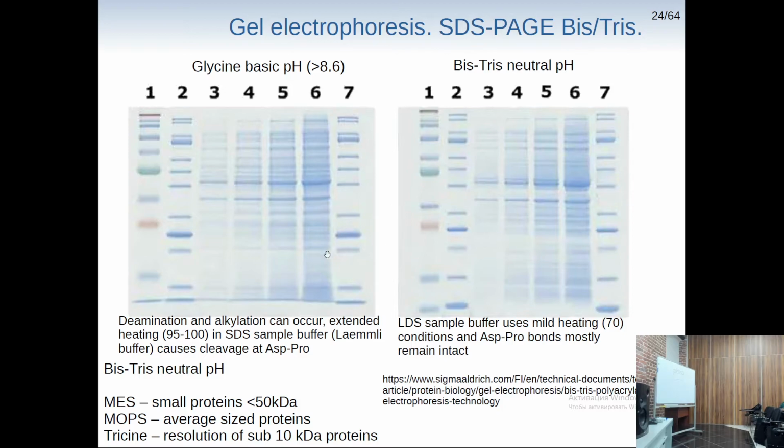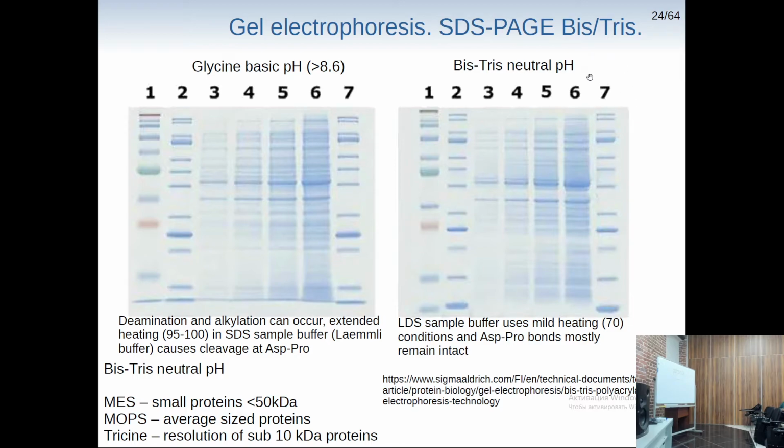As you can see, the differences are obvious, and neutral pH for this is also good because proteins at highly basic conditions, which we use with our glycine basic gels, can be modified chemically just because of those harsh conditions, because of SDS and so on.